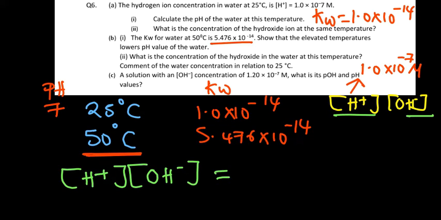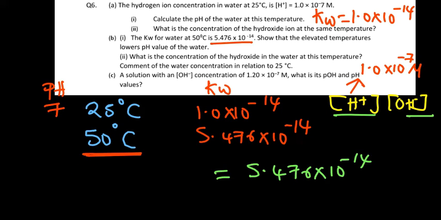Take note the kW value was 5.476 times 10 to the power negative 14. If they are of equal concentration, we can take them as x times x, which is x squared, and find the square root of that value. The square root of 5.476 times 10 to the power negative 14 is something like 2.34.